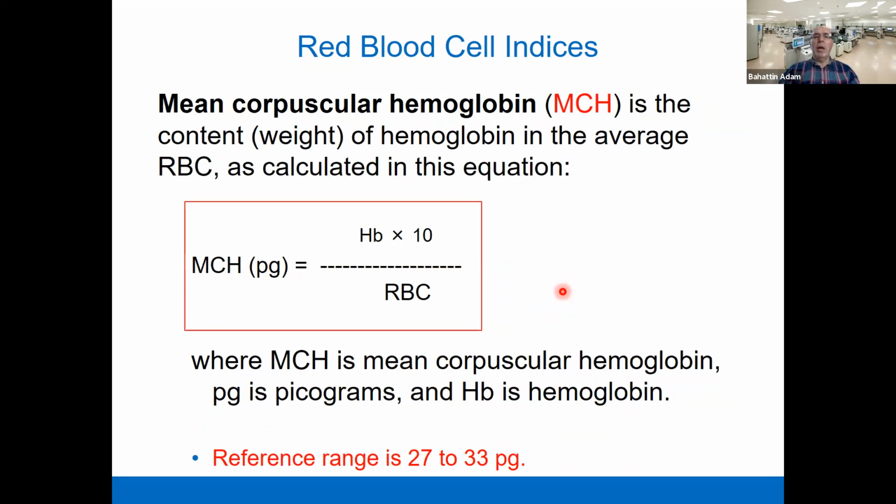Now, the mean corpuscular hemoglobin is the content of hemoglobin in the average red blood cell. You are able to calculate the content of hemoglobin in each single red blood cell, and you see also the reference range for that.